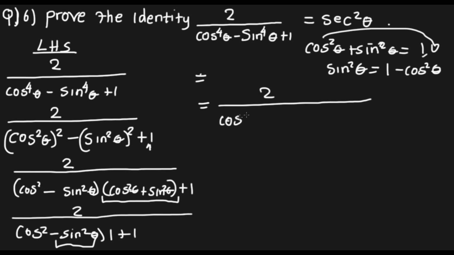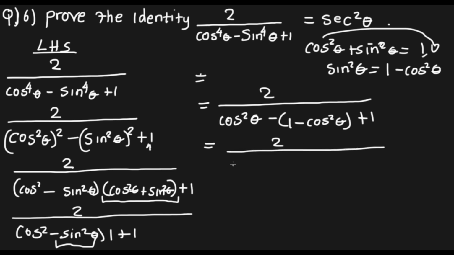So cos squared minus, 1 minus cos squared, then we have plus 1. Now I'm going to distribute the negative. So negative times 1 is negative 1. Negative times negative will give us positive cos squared, plus 1.